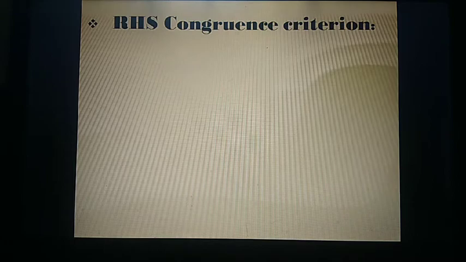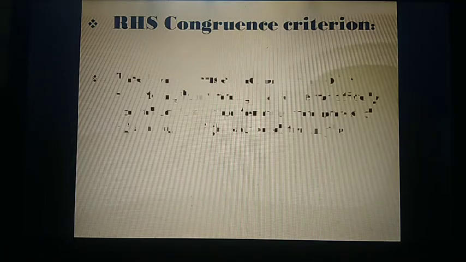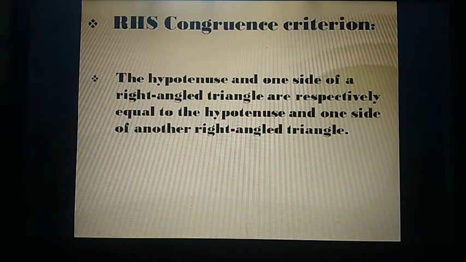For this criterion, we are supposed to use right triangles. If you have two right triangles, and the hypotenuse and one side of a right angle triangle are respectively equal to the hypotenuse and one side of another right angle triangle, then we can say that the triangles are congruent by RHS congruence criterion.